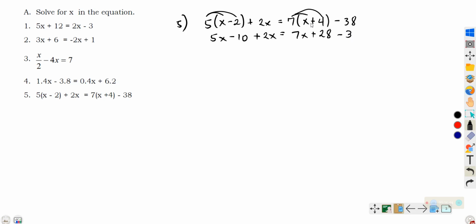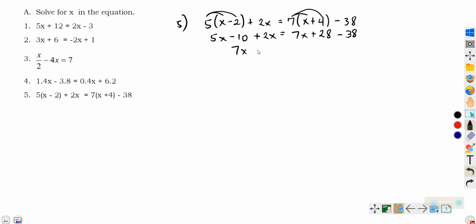Ayan. And then, kopyahin nyo lang po yung mga terms na hindi naman natin ginalaw. Next po is, simplify muna natin bago tayo mag-APE. Okay? Kailangan nakasimplify para hindi tayo masyadong maraming i-APE. Ano po? So, 5x plus 2x, it will give us 7x.